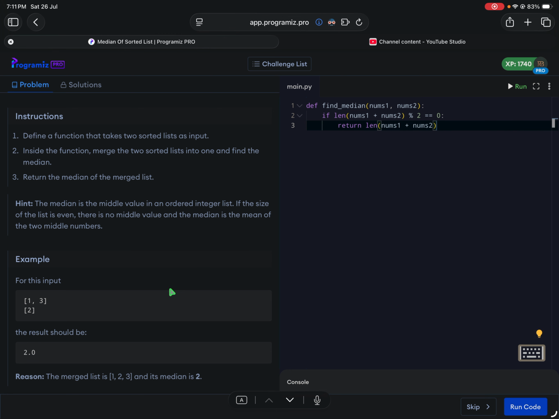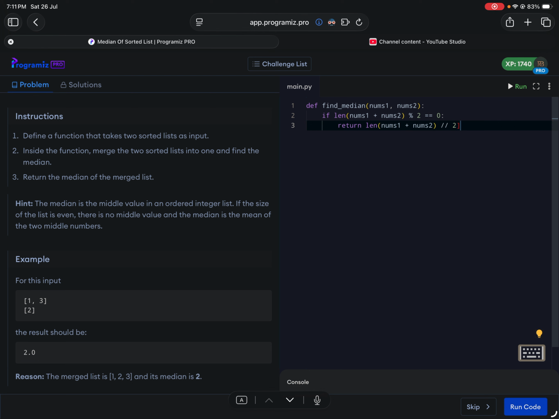So in this case, suppose we are given the same problem, 1 3 and 2, right? So what will be the length? It will be 3. 3 divided by 2 will be 1.5, and what we can do is get the floor value of it, so slash slash 2.